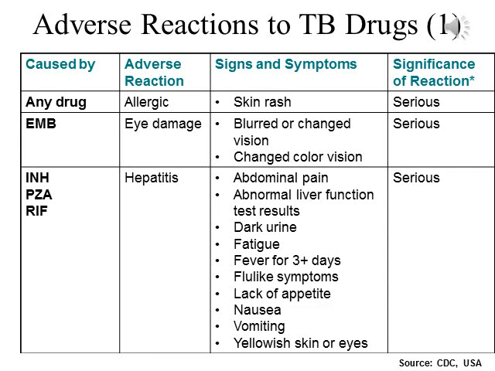Therefore, it is important to have baseline blood tests, and in case of increase in the liver enzymes, appropriate measures are taken by the clinicians. All these signs and symptoms mentioned here come quite late in case of quite advanced hepatitis.